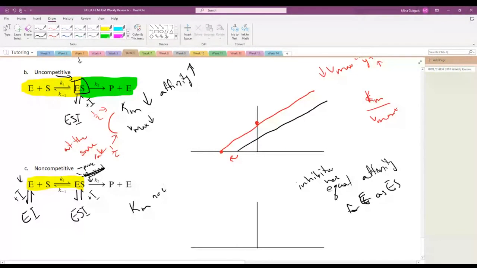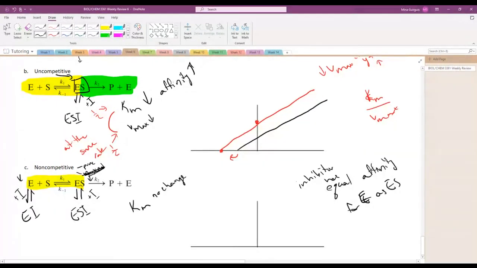In other words, there's no change in affinity. Because the affinity of the inhibitor for the enzyme and for the complex is equal, it doesn't pick one over the other preferentially, and so this equilibrium stays about the same. And so affinity does not change.